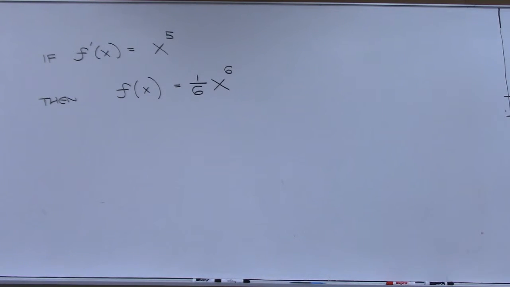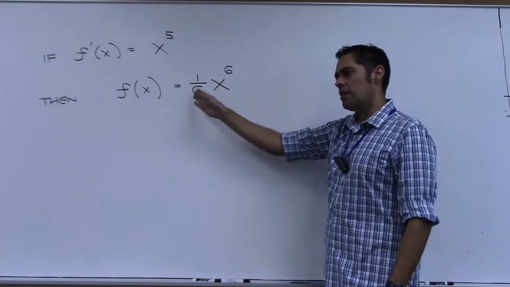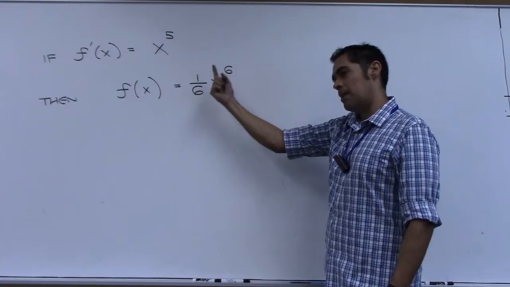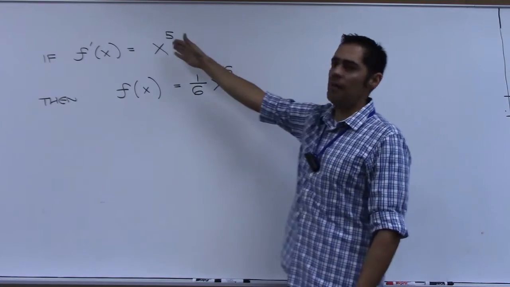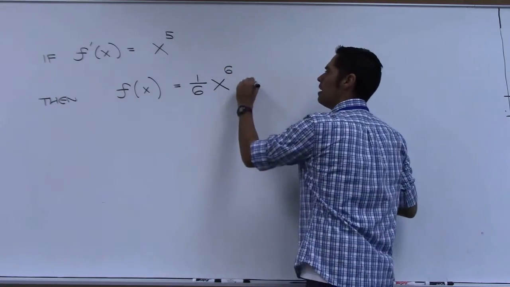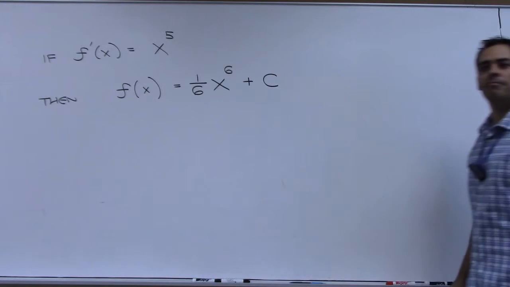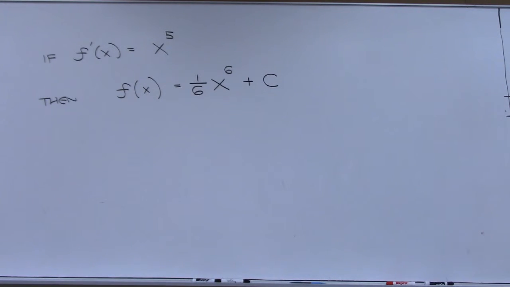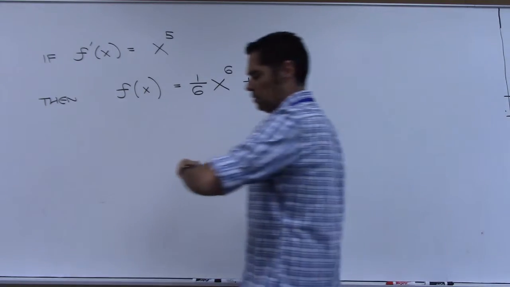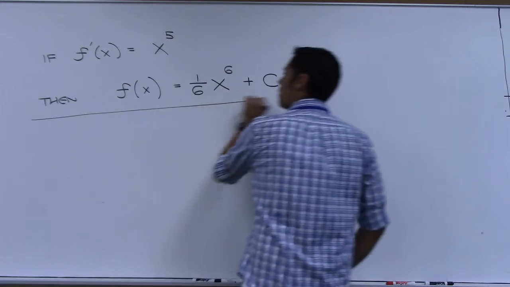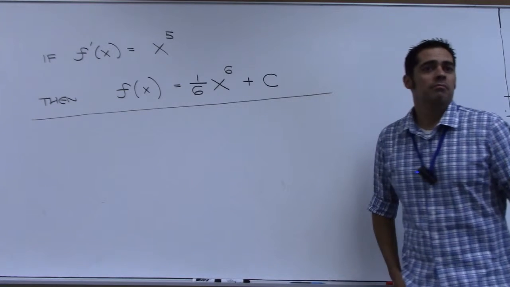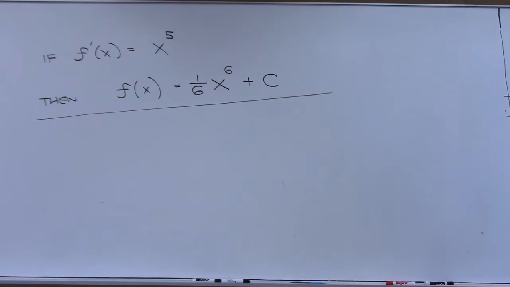If I put 1/6 in front of x to the 6th, then when I take the derivative of this, the 6 will come out, it'll cancel out, it'll become a 1, and then take the power down, I'll have this, yes? But I could have thrown any constant on the end of that. So if that's the case, what's the constant? Any number. It can be anything.